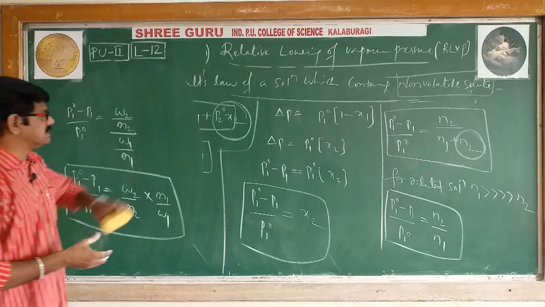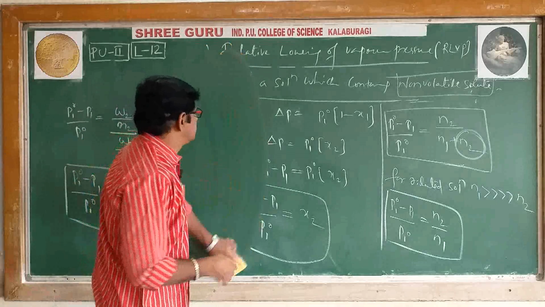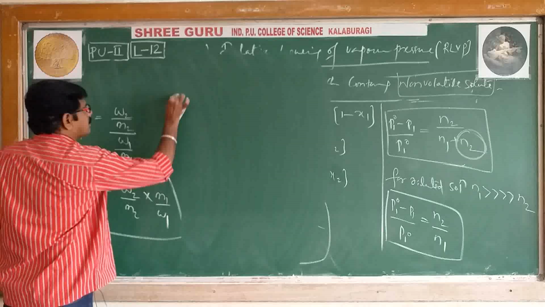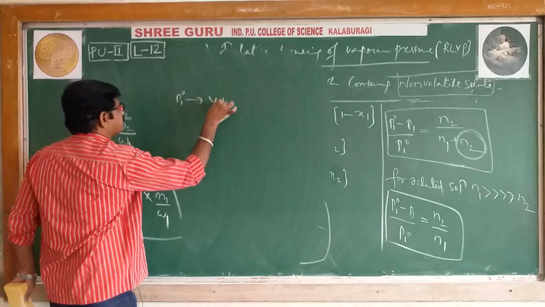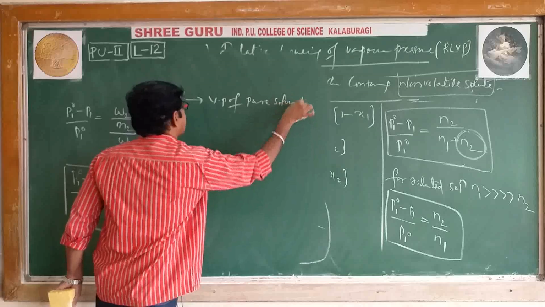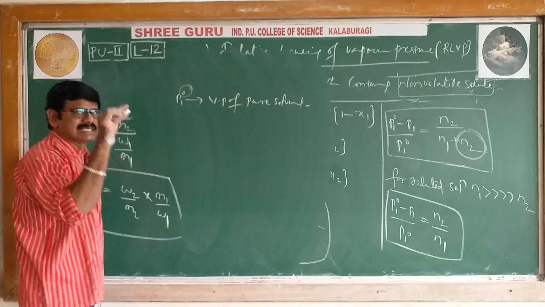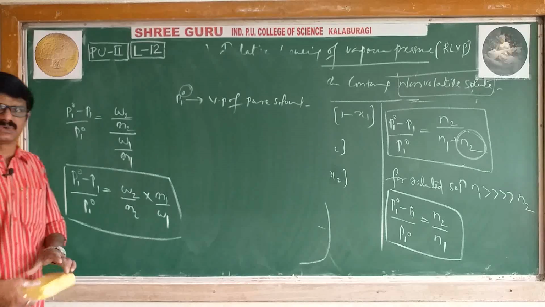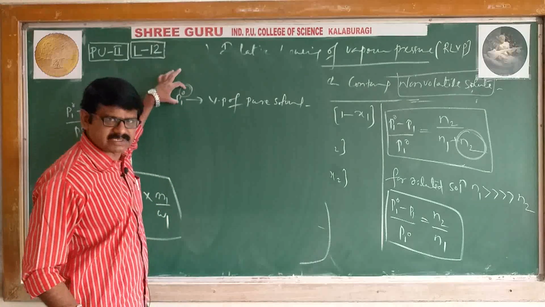Now we'll see the terms one by one. What are the terms? P1 naught is the vapor pressure of the pure solvent. Always remember, if naught is there, it is definitely a pure substance, the pure substance vapor pressure.